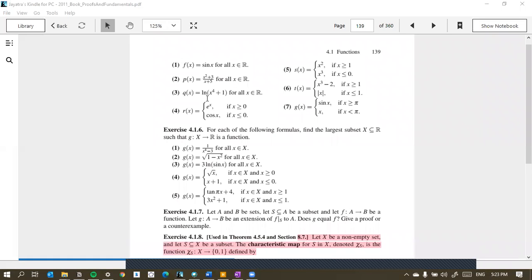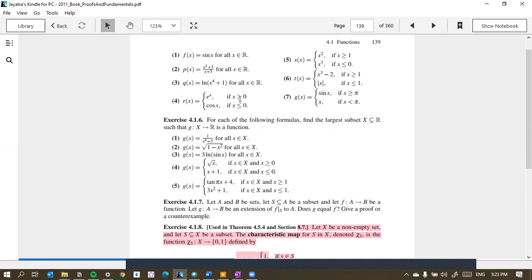So x⁴ + 1 would be greater than or equal to 1. And we know that ln of 1 is defined and ln of bigger than 1 is also defined. So this covers all x, and for each x, it does have a unique value. So yes, this is a function.